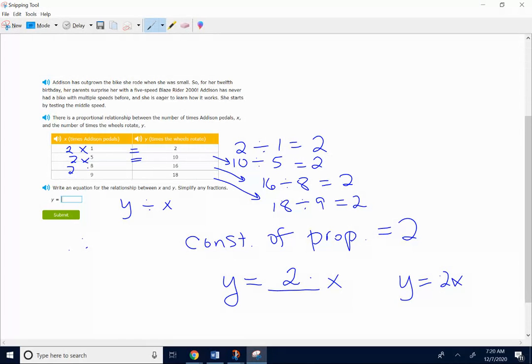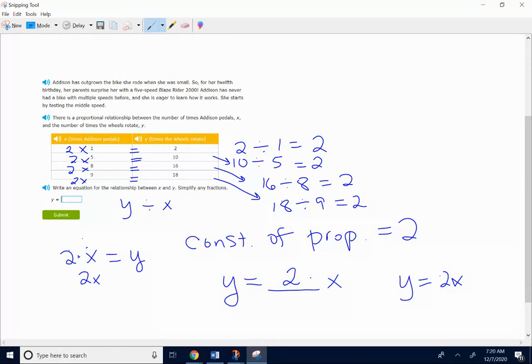If I take 2 times the x value of 8, I get 16. And if I take 2 times the x value of 9, I get 18. You see that? So every time, 2 times the x value always gives me y.